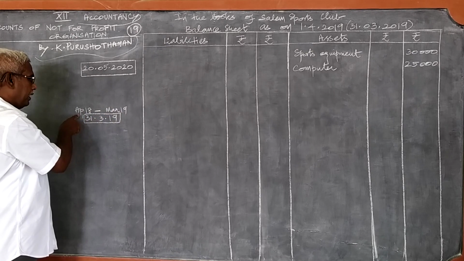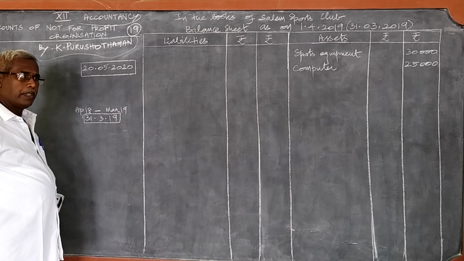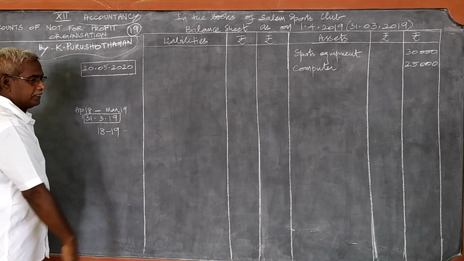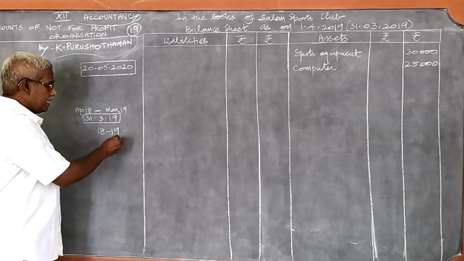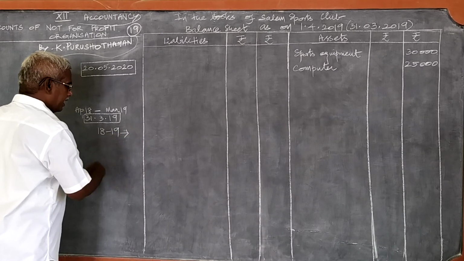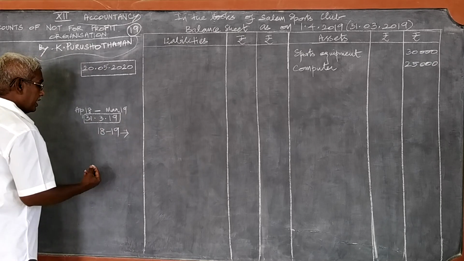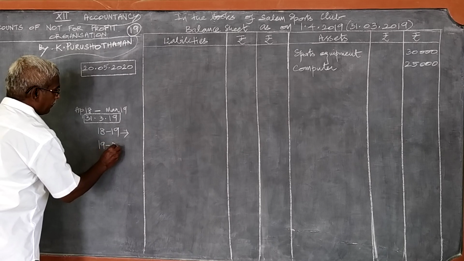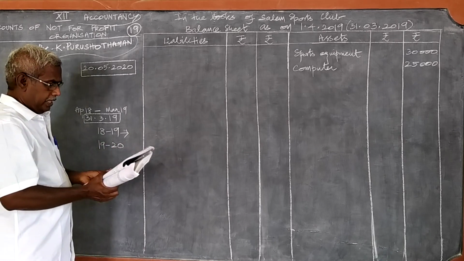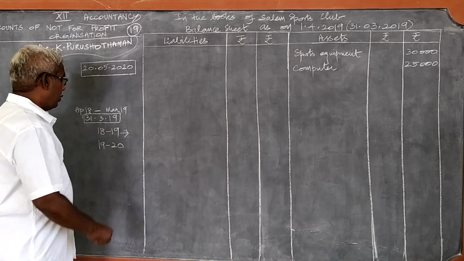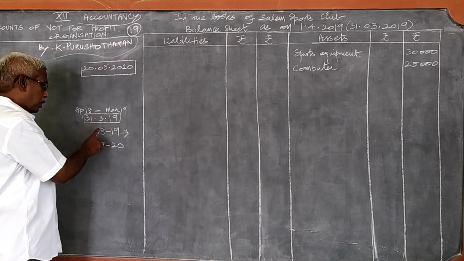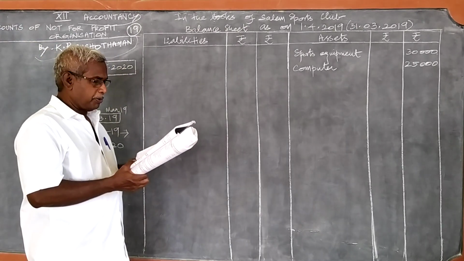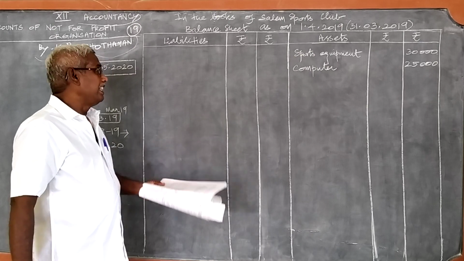Therefore, it should have begun in April 18. So, what is the accounting year? Shortly we say 18-19. So, this is the current accounting year. And the future year, the next year, is 1920. We should remember this.